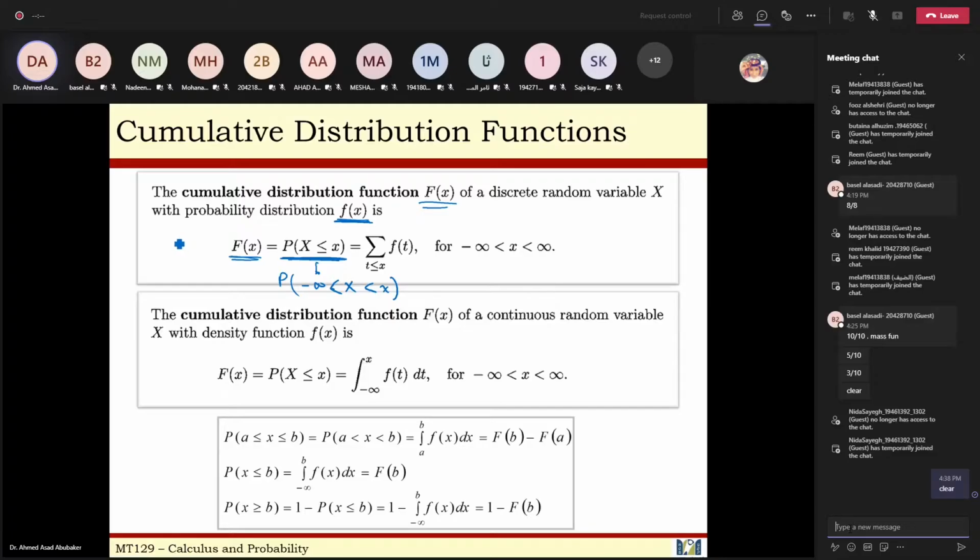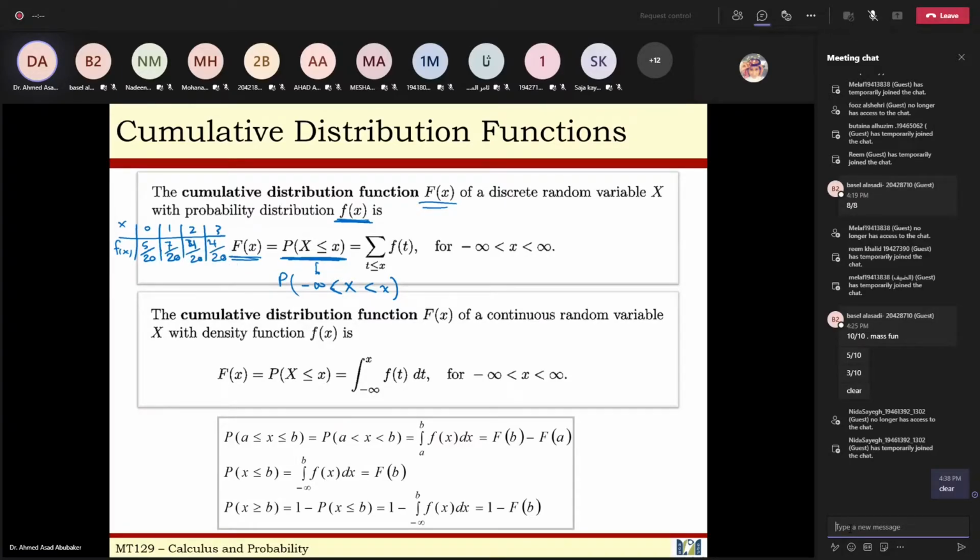For example, if we have x and f of x, and we have 0, 1, 2, and 3, and we have, for example, 5 over 20, 7 over 20, 4 over 20, and 4 also over 20.